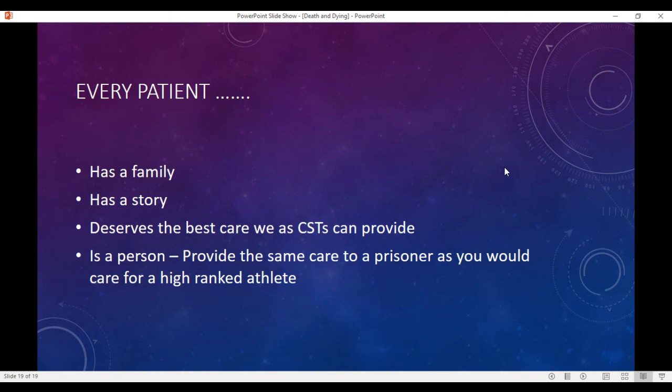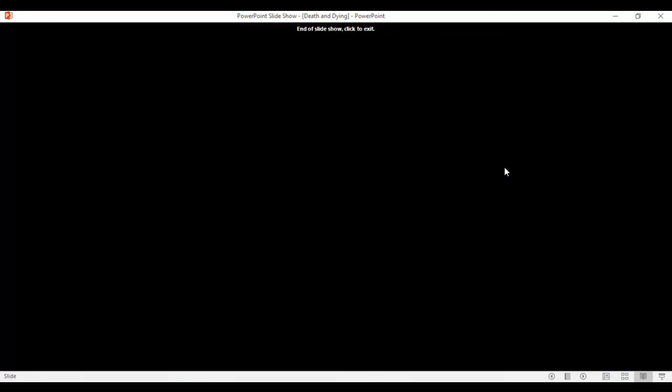We don't know why they're in prison, but I want you to try to remember to treat every single patient the same. Every patient has a family, they have a story, and they deserve the best care that we as CSTs can provide for them, and every patient is a person. Provide the same care to a prisoner as you would to a high-ranked athlete or politician or professor.